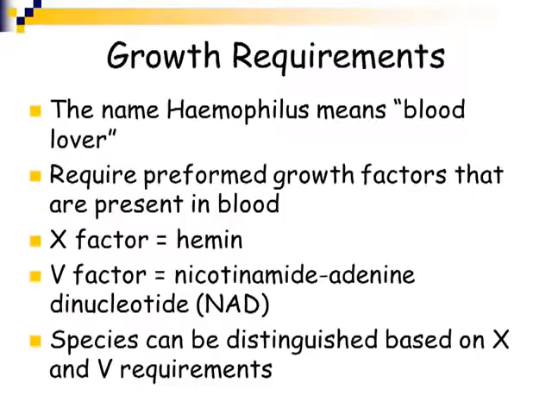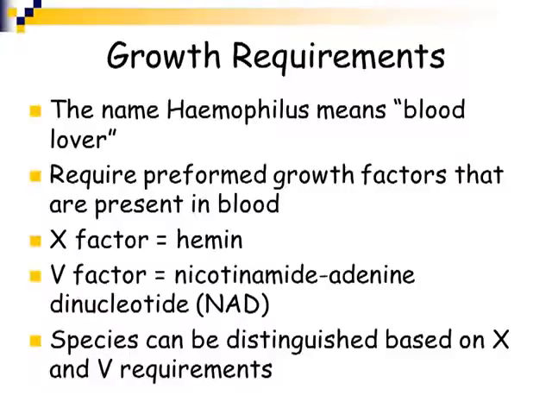Now, Haemophilus, heme means blood, and phile means loving, so the Haemophilus are blood-loving organisms, and that's what makes them fastidious or fussy. They require growth factors that are present in blood in order to grow. So most Haemophilus organisms are not going to grow on your standard growth medium if it does not have a blood source in it.